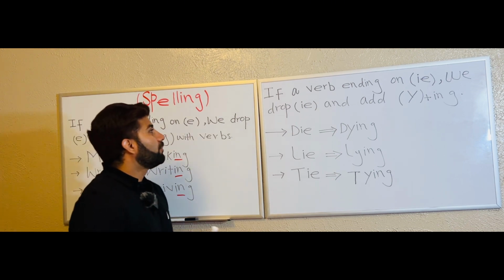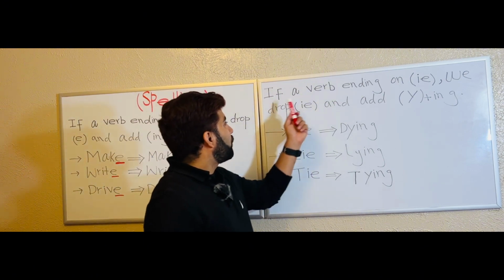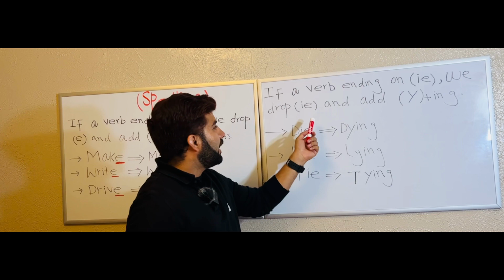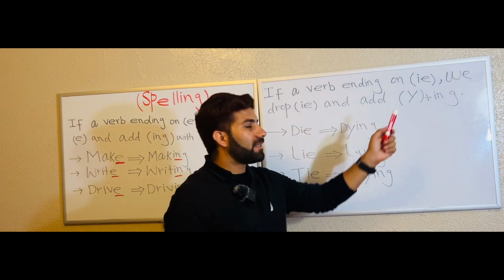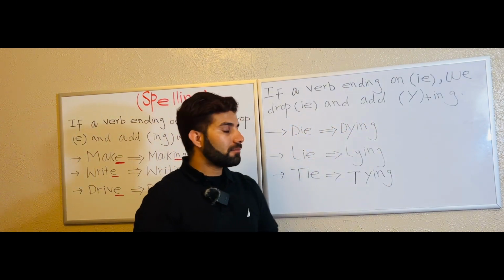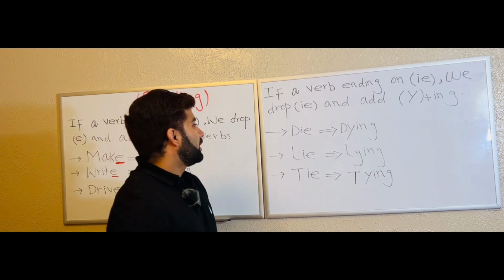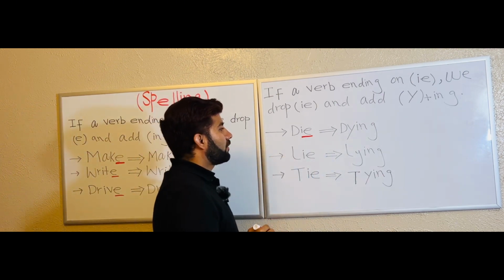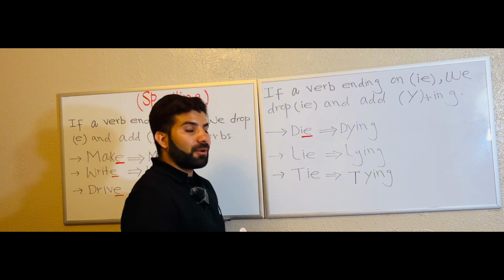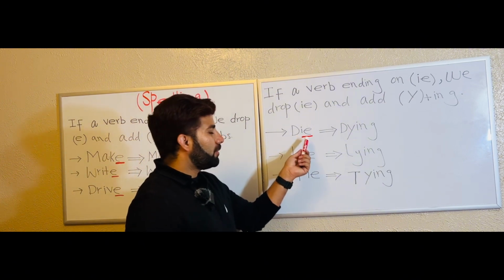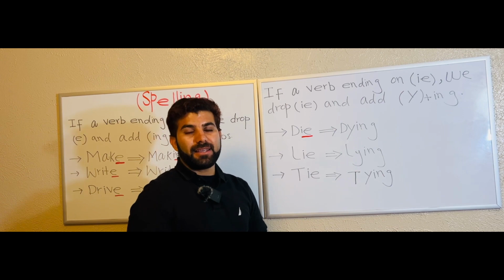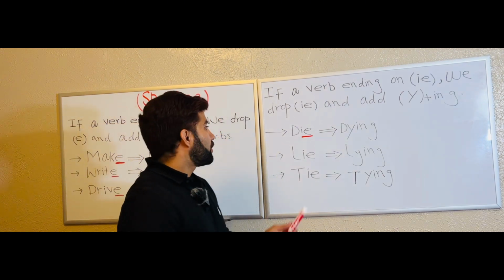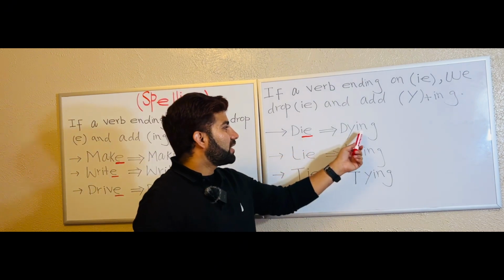Another rule or guide: if a verb ends in IE, we drop IE and add Y plus ing. For example, die. This word is ending in IE. If a word is ending in IE, we drop that IE, we add Y plus ing. So from die, it's now dying.